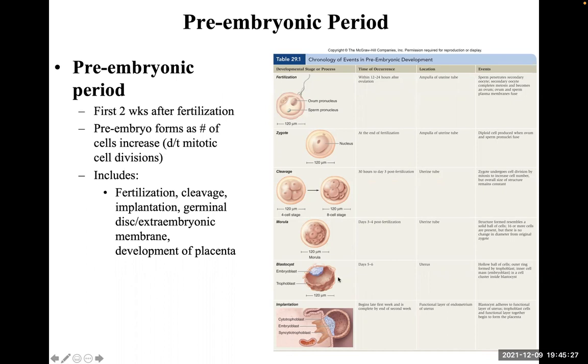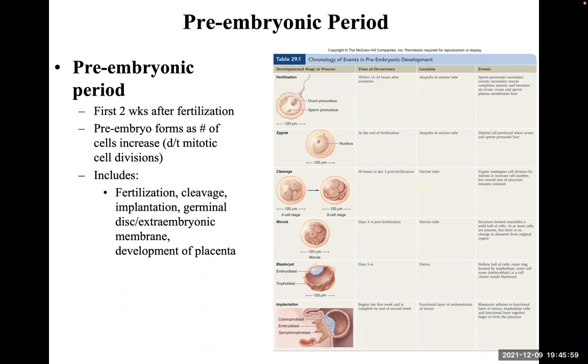The trophoblast cells become everything from the chorion, which includes basically the vasculature that allows for communication of the fetal and maternal circulatory systems. And this structure needs to be at the blastocyst stage in order to be capable of implantation into the lining of the uterus.